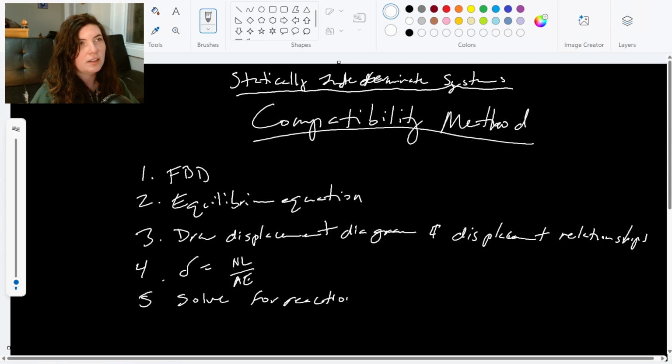So really all it does is kind of change the order around and how you approach this. But either way is totally okay. They give you a little bit different setup and execution as you go through the problem. So what we're going to do is look at that example that we did with the flexibility method. We're going to look at that exact same example, but now using this compatibility method.